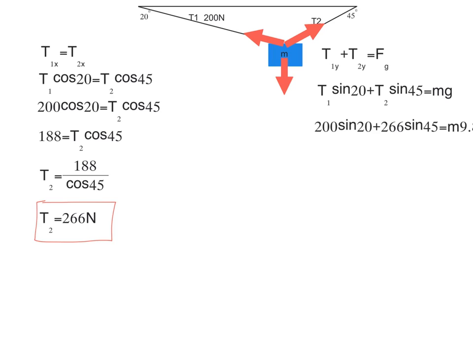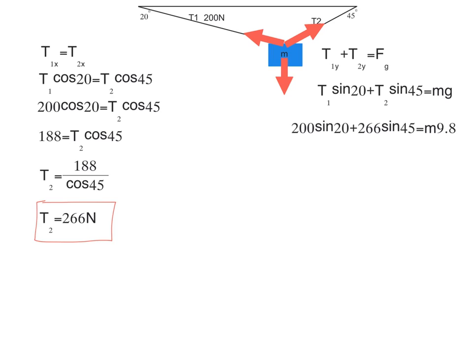Our T2 that we figured out before was 266. There we go. And we also know that gravity is equal to 9.8. And so we can enter that in as well.